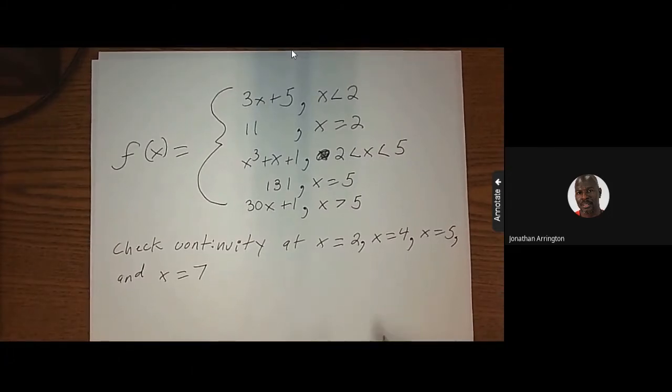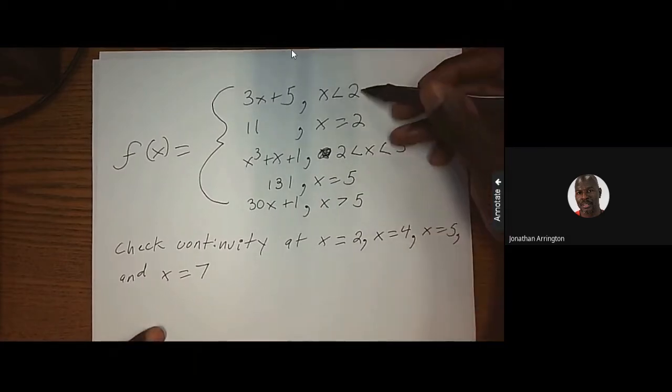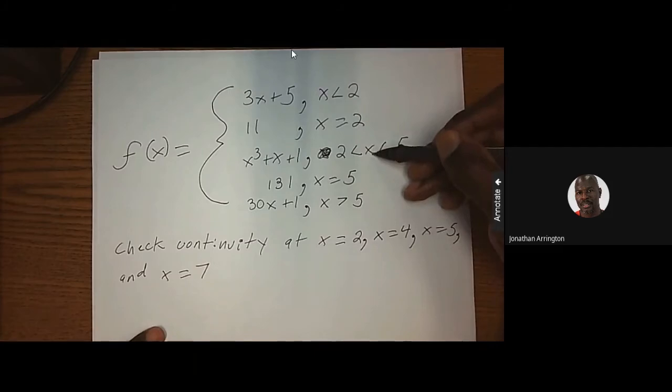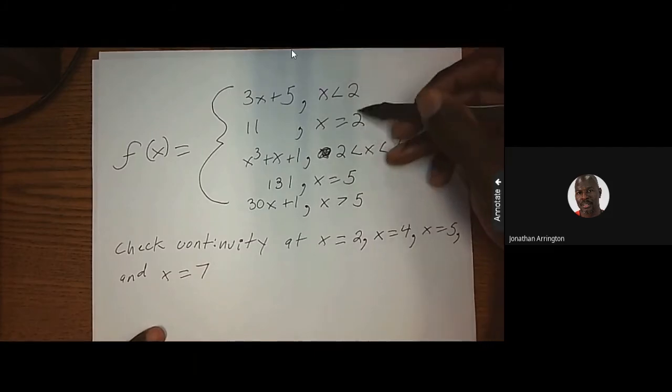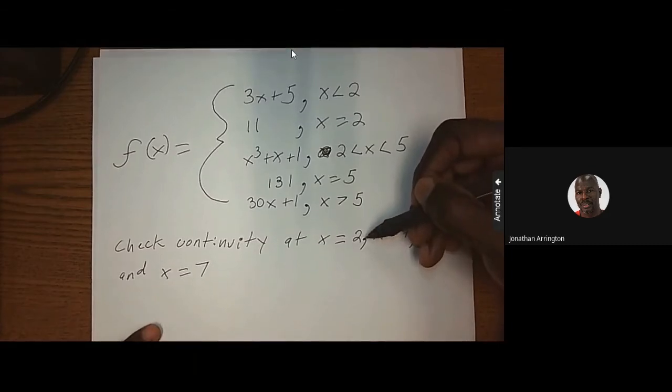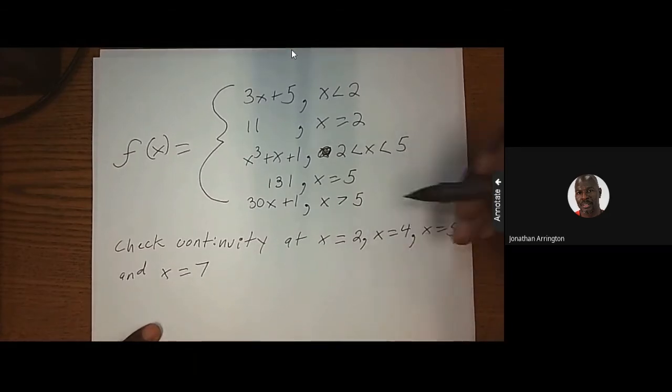So let me check 2. Now there's 3 pieces that are affiliated with 2. This guy, which is to the left of 2, this guy, which is right at 2, and this guy, which is to the right of 2. So I need all 3 of these pieces to be equal when I plug in 2 for x, if this guy is going to be continuous at 2. So let's see what happens.